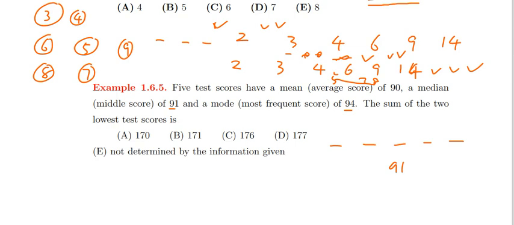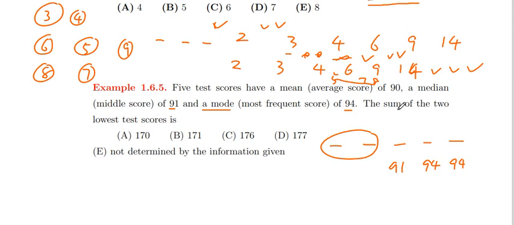And the mode, only one mode, right? Only one mode, so this one can appear at most 2 times. So we say this is 94, and 94 can only be the case, like more than 94. So we can find these 2 numbers, right?